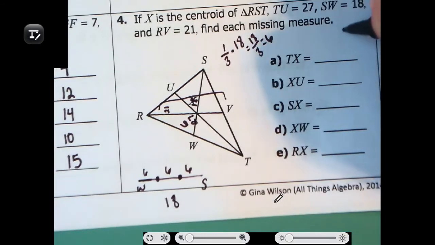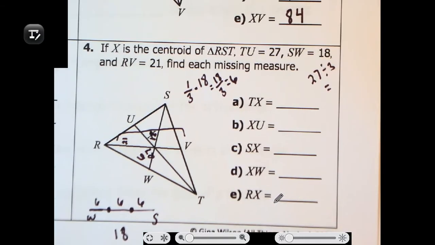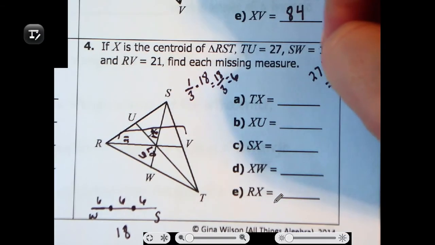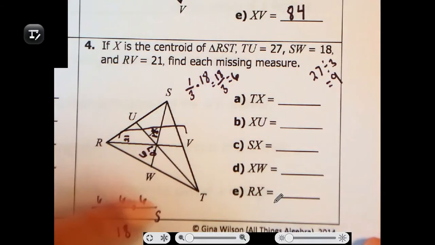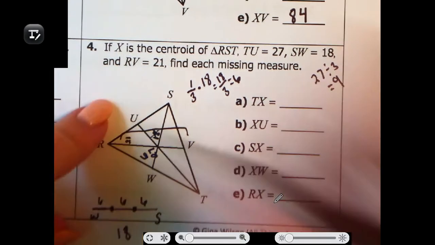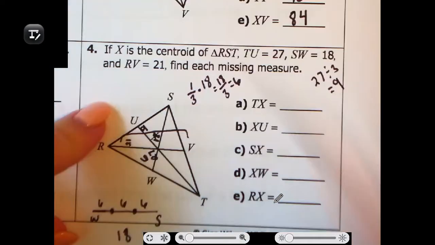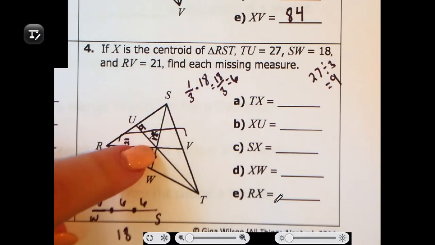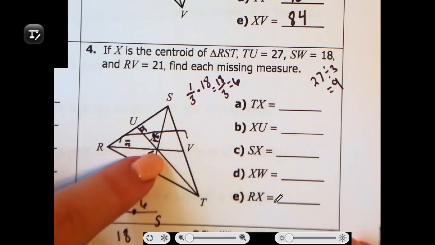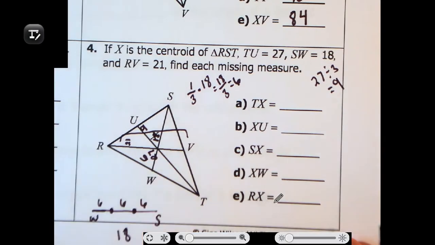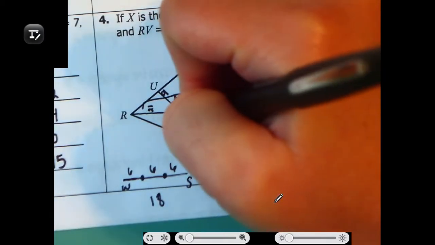So I'm going to divide 27 by 3. And that gives me 9. Okay, so that means for TU, the smaller part is 9. So that means the larger part is double that, 9 times 2, which would give me 18.